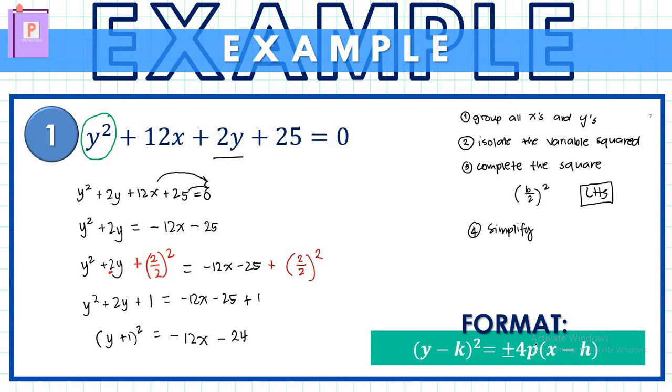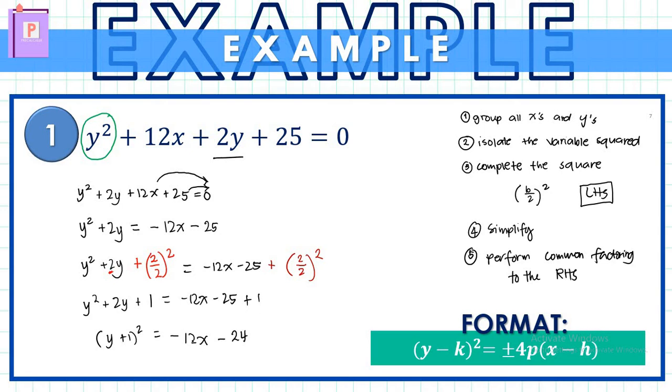Now, since in this given format or standard form, we need a value for p, we also need to identify what will be the value for p given this equation. So for us to be able to do that, we proceed to step 5, wherein we're going to perform common factoring to the right-hand side of the equation.